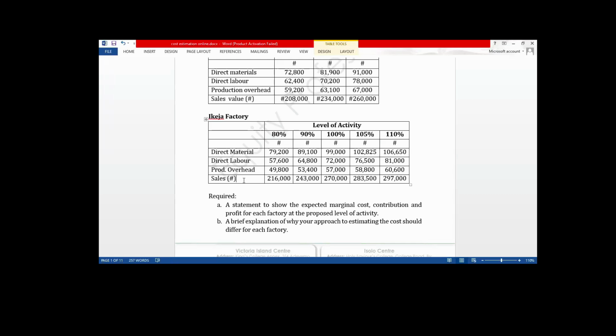Now, this question has been read. In my usual manner, I will ask the class, to what extent do you understand the question and the examiner requirements? If you look at this question, we have a company with two factories at different locations.